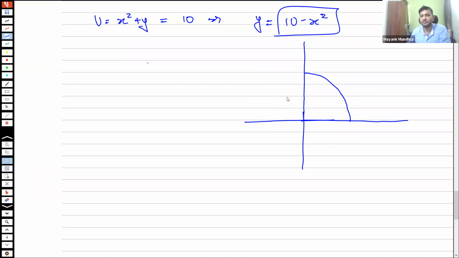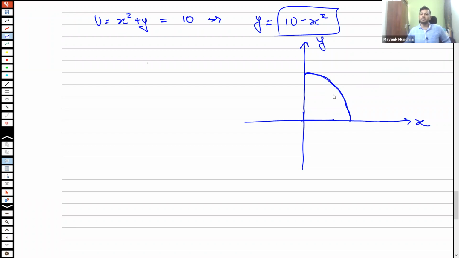Sorry, this is convex actually. Yeah, this is convex. This is Y, this is x, y equals 10 minus x squared. This is convex. Oh, no, this is not convex. Convex looks like this. So this is concave preferences. Sorry for the confusion. This is not convex.